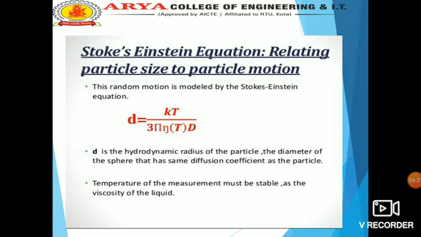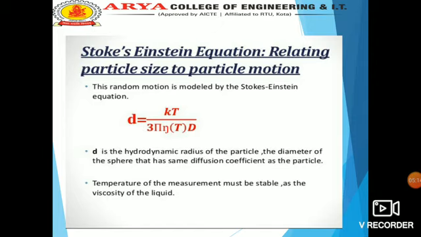The Stokes-Einstein equation relates particle size or molecule size to particle motion. This random motion is modeled by the Stokes-Einstein equation, which is d equal to kT upon 3 pi eta D, where d is the hydrodynamic radius of the particle, the diameter of the sphere that has the same diffusion coefficient as the particles.